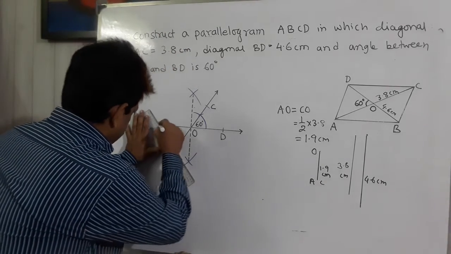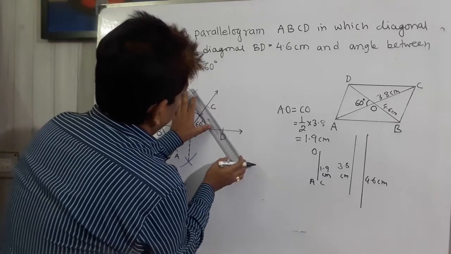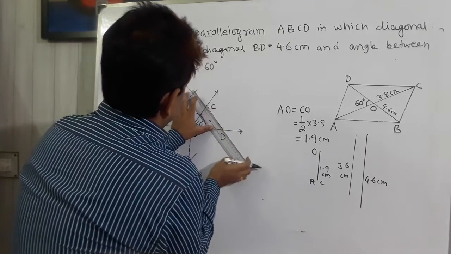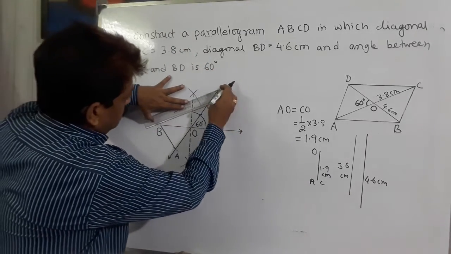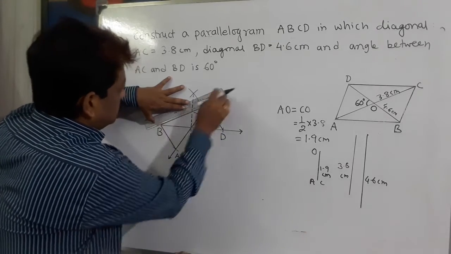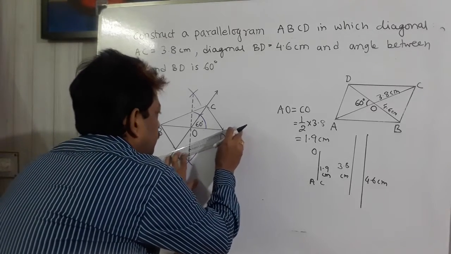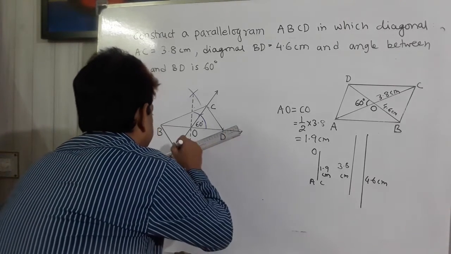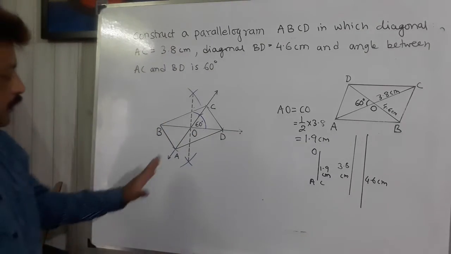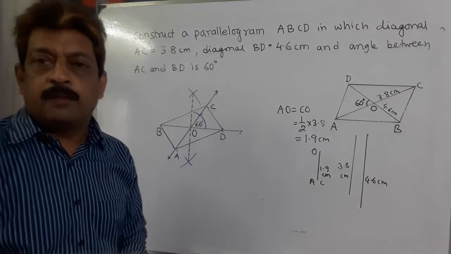That is, I have to make the line side AB, then the side CD, similarly the side BC and the side AD. Okay, therefore the parallelogram ABCD is completed.